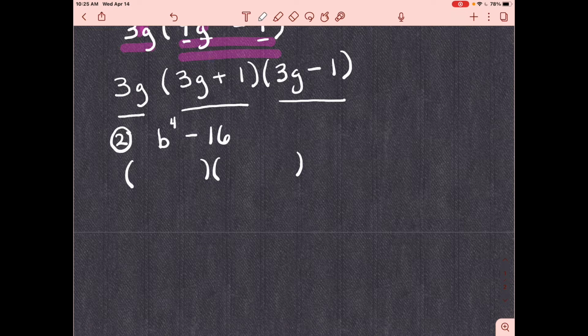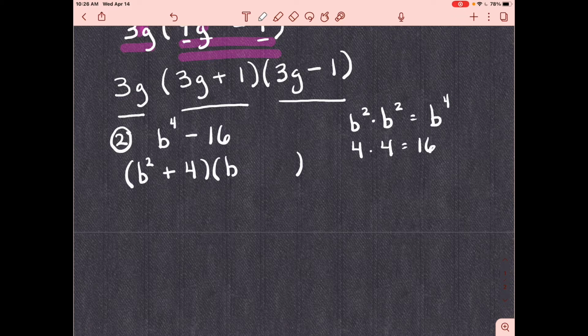The square root of b to the fourth is b squared, because b squared times b squared equals b to the fourth. And the square root of 16 is 4, because 4 times 4 equals 16. So I have b squared plus 4 and b squared minus 4.